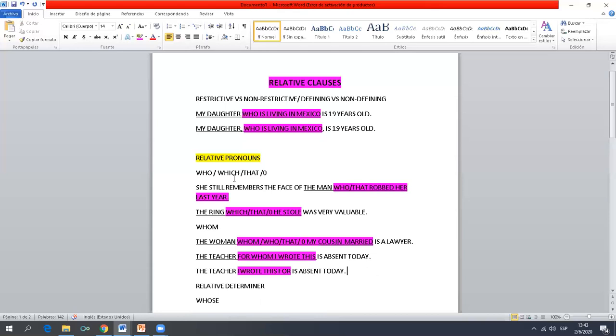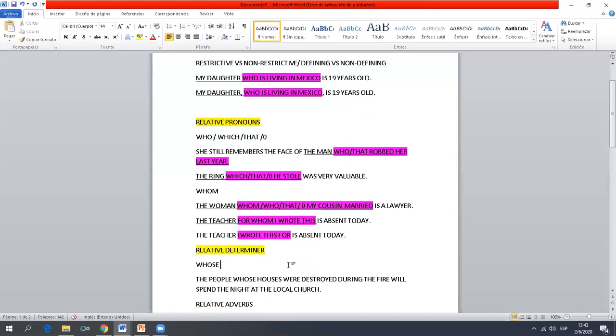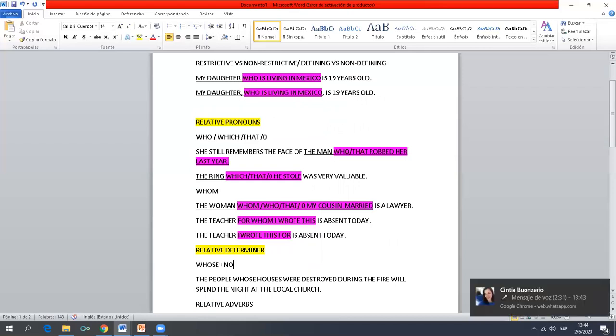Okay, let's move on. Up to now, we talked about relative pronouns, who, which, that, whom, and the omission. But there is also a relative determiner. You know what a determiner is. When I say determiner, you should immediately think of a word that precedes a noun. That is, after a determiner, you will always find a noun. As in my example here, the people whose houses were destroyed during the fire will spend the night at the local church.